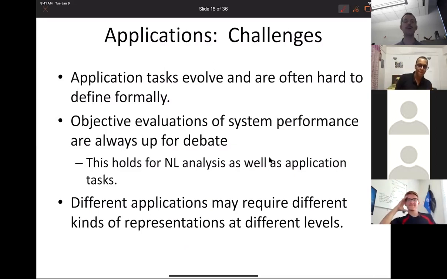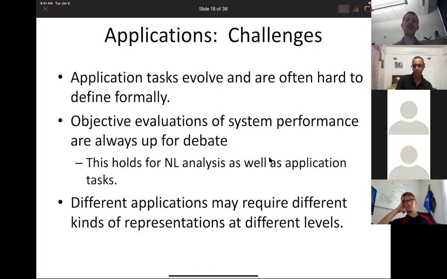How do we bridge that divide? Well, it's actually quite natural. If applications are always changing, the answer is to build a foundation instead of teaching you the applications per se.